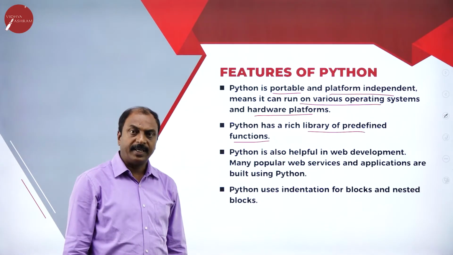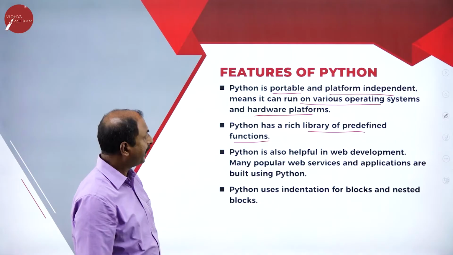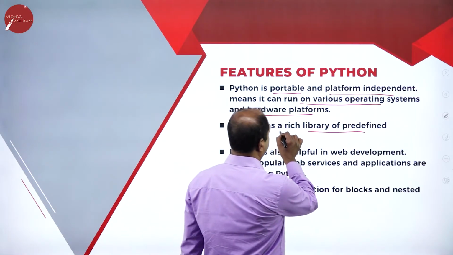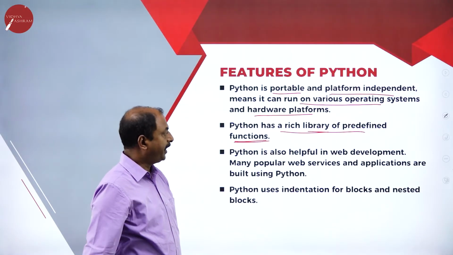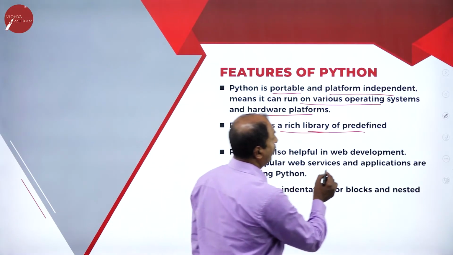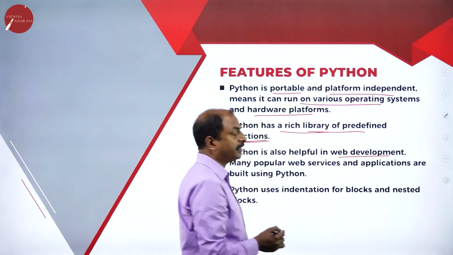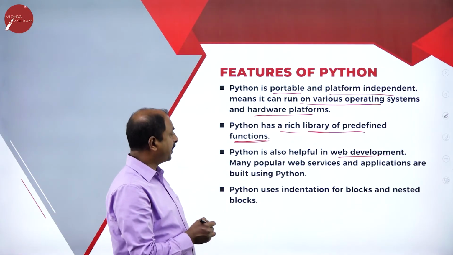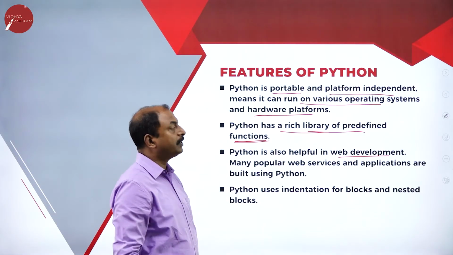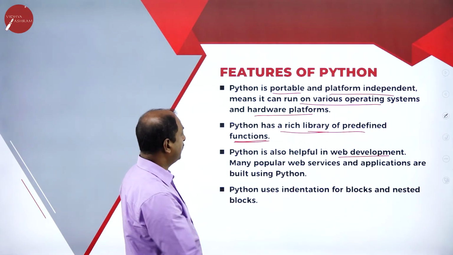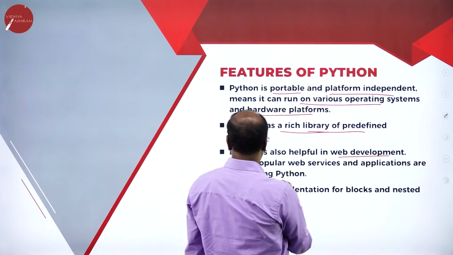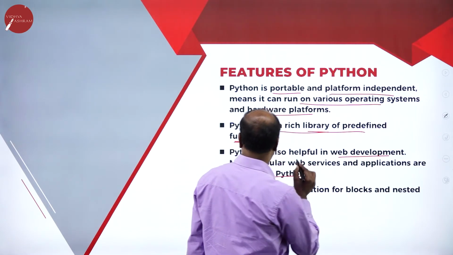It is just like other languages, it also has a library. It has a rich library of predefined functions. And it is also helpful in web development. What you have seen in the first slide, first application, is using Python language for developing web applications. And web services and applications are built using Python.